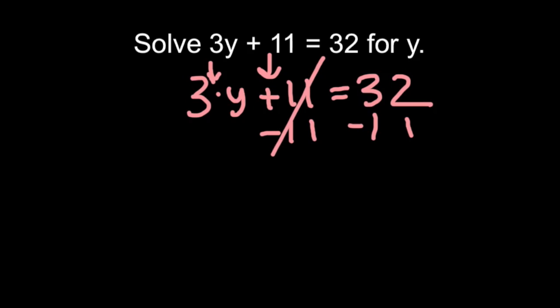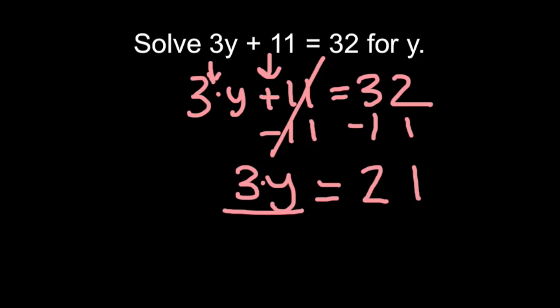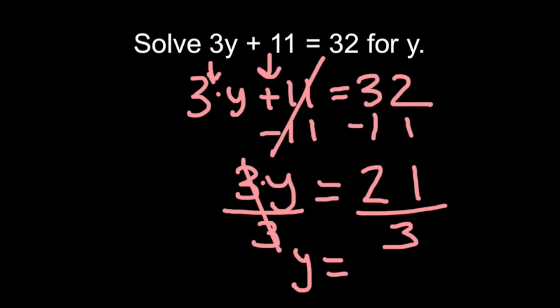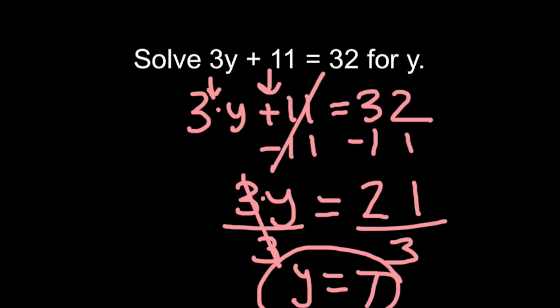So 11 minus 11 cancels out, leaving only 3y on the left side, equaling 32 minus 11 is 21. We have 3 times y. The opposite of that is to divide, and a fraction bar also means division. 3 divided by 3 is 1y equals 21 divided by 3 is 7.